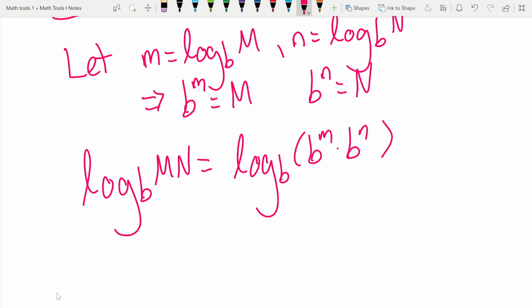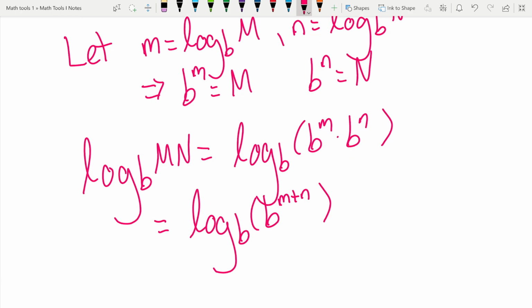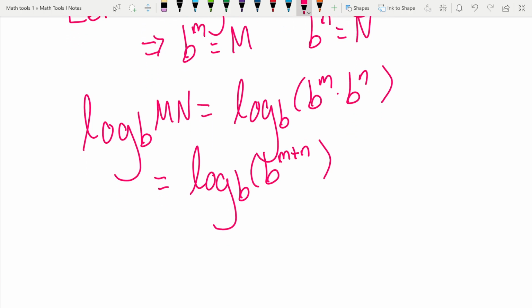Now we can use the product rule for exponents, so this is log base b of b to the m plus n. Now we can use the inverse property for logs that we just defined a second ago to say this is m plus n.